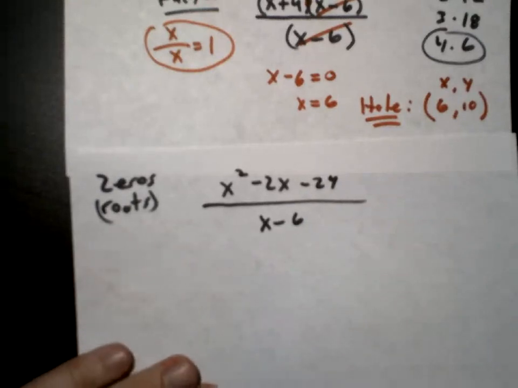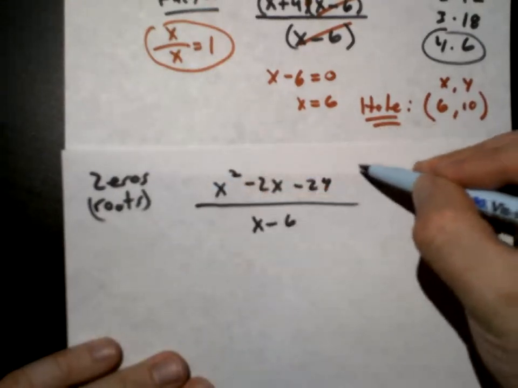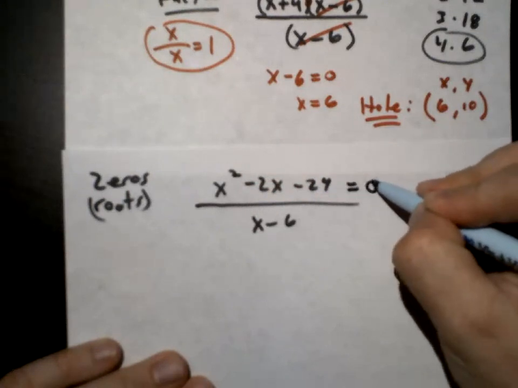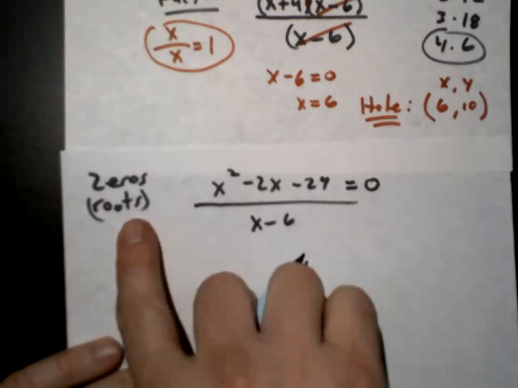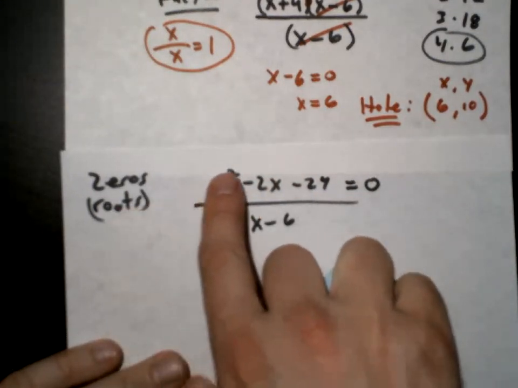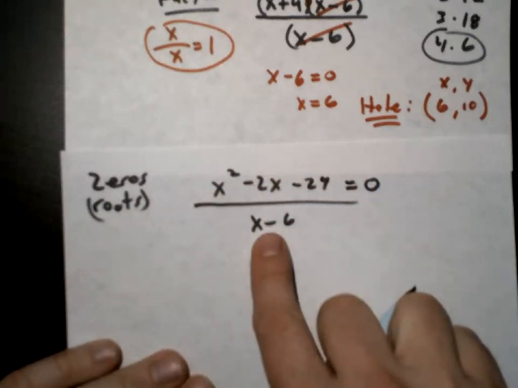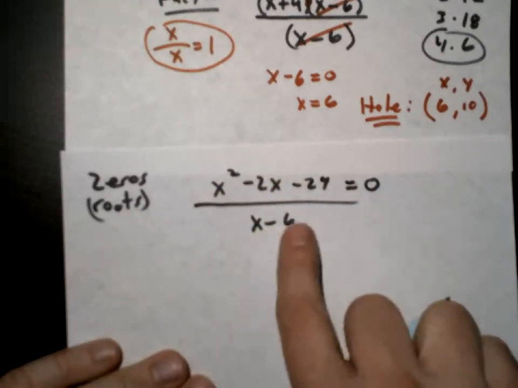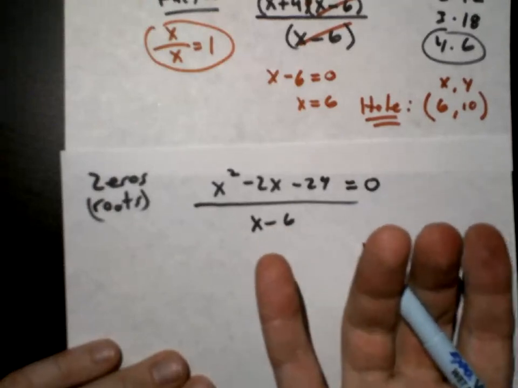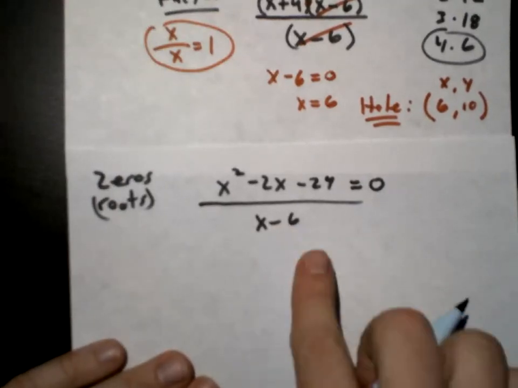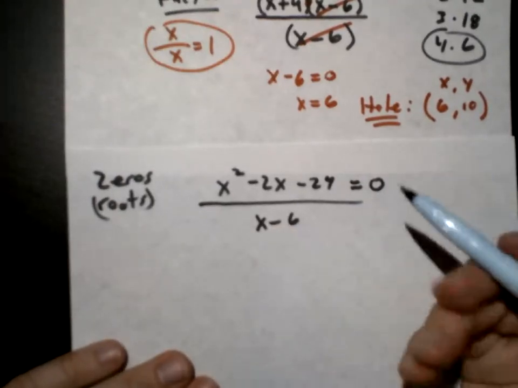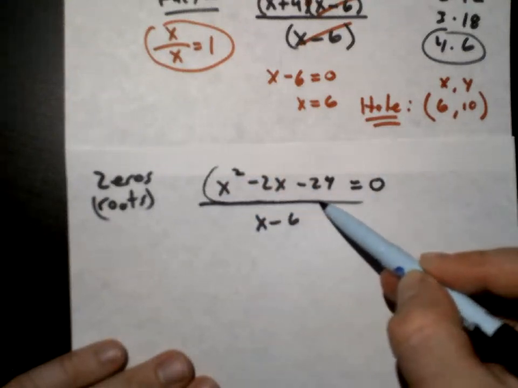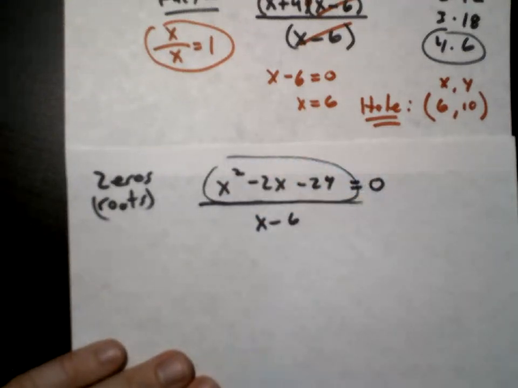What I'm going to do is take this top piece and make that equal to 0. To find the zeros, I'm only going to do the top. I'm not going to do the bottom, because if I set that equal to 0, you already found that. That gives you your domain restriction and your vertical asymptotes. I'm only going to set the top to 0 when I find the zeros.